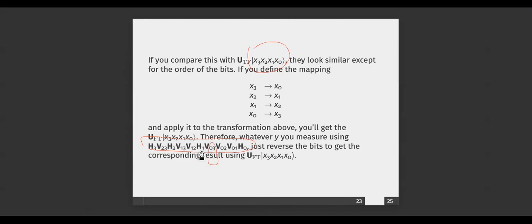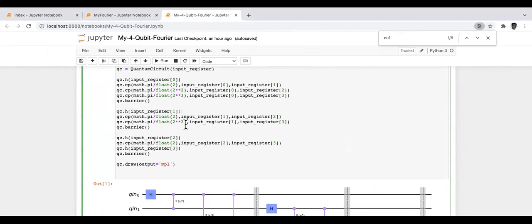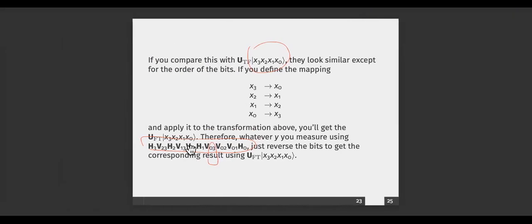And then you apply the Hadamard again, here to register 1. Then you apply the controlled phase rotation for register 1 and 2, and then register 1 and 3.